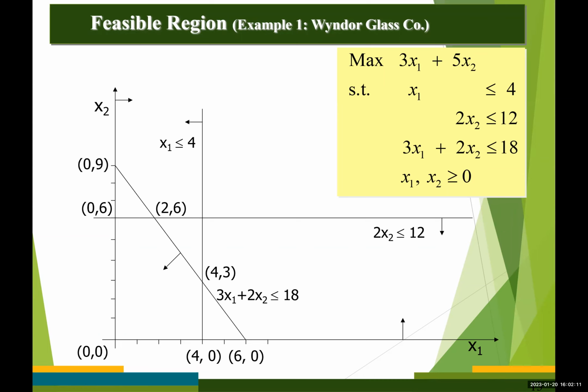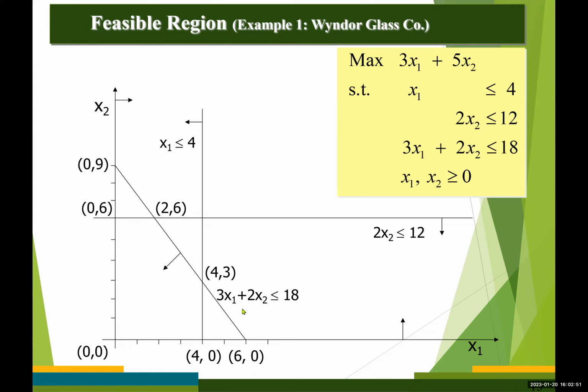And the final restriction, the third constraint, 3x1 plus 2x2 is less than or equal to 18, is also added to complete the boundaries, which is this. And the feasible region should be this side. How do you know that? For example, if you plug the origin value, 0, 0, into this constraint, 3 times 0 plus 2 times 0, which is 0, is less than or equal to 18, right?